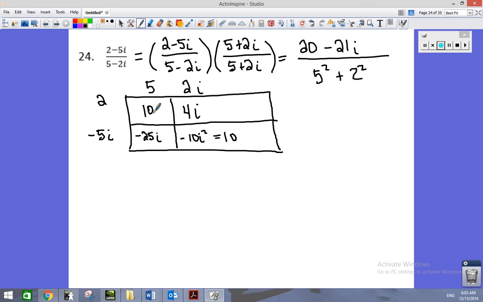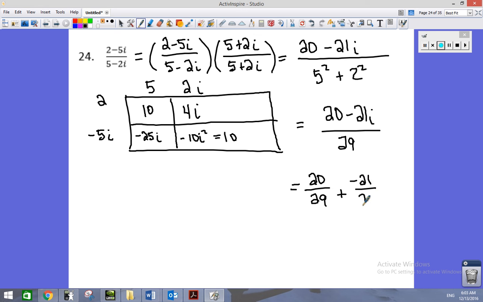Let's see, 29. And again, technically in standard form, the complex number is in a plus bi form, but I'm fine with you leaving it like that.